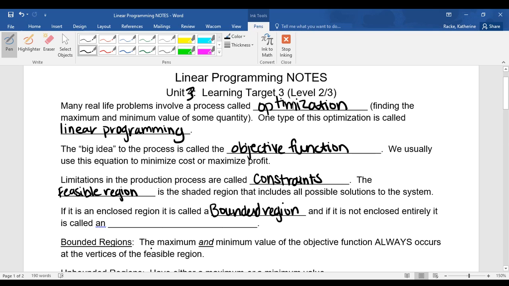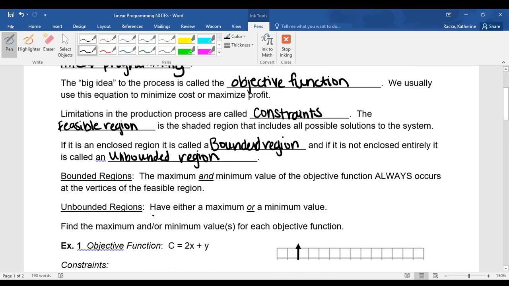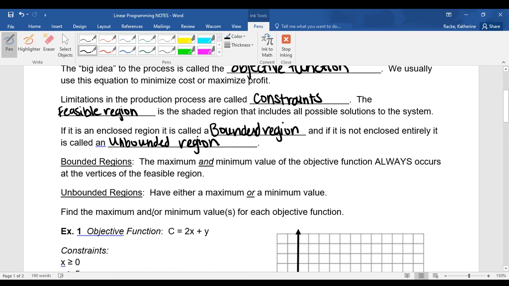If it is not enclosed entirely, it is called an unbounded region. For bounded regions, the maximum and minimum value of the objective function always occur at the vertices of the feasible region. Unbounded regions have either a maximum or a minimum value.